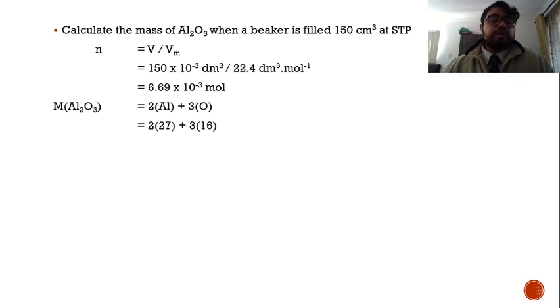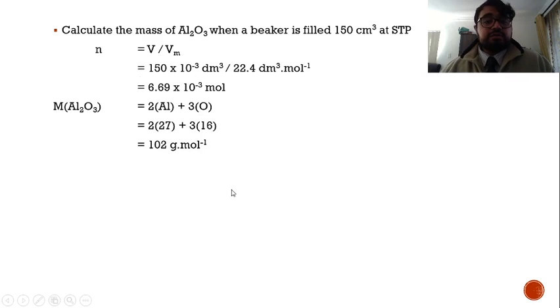So we have 2 times 27 and 3 times 16, which gives us a total of 102 grams per mole. That is our molar mass. Now we have our molar mass, and to get our mass, we use the same number of moles that we calculated here.